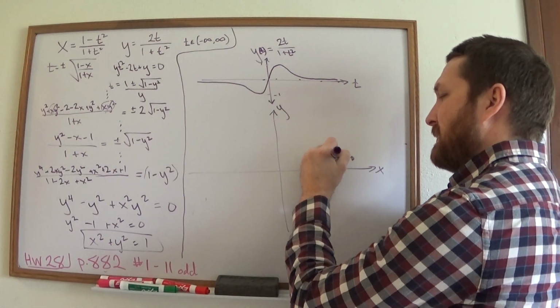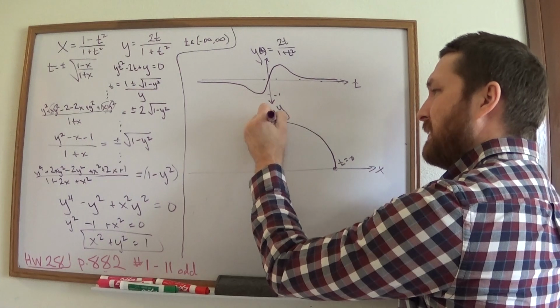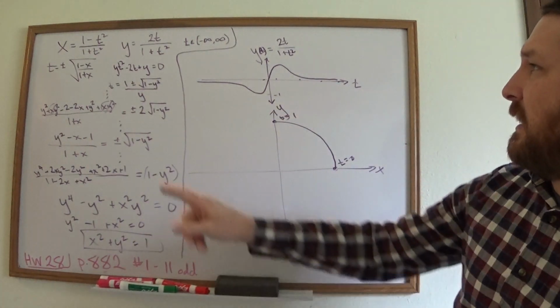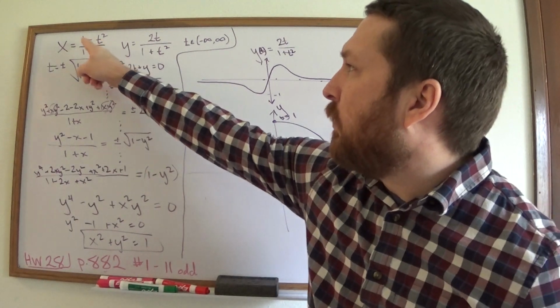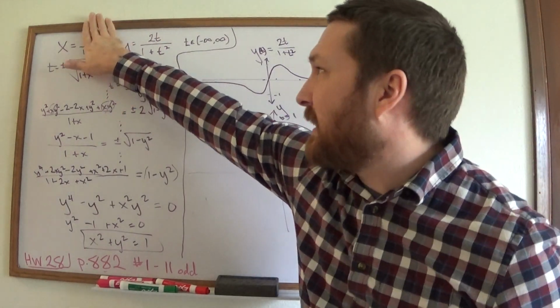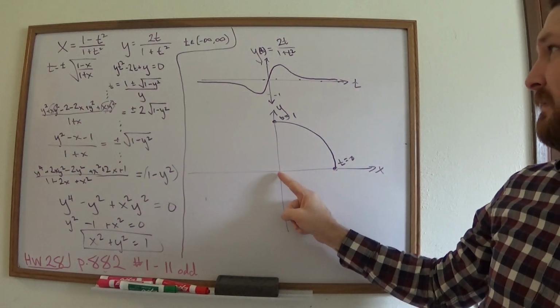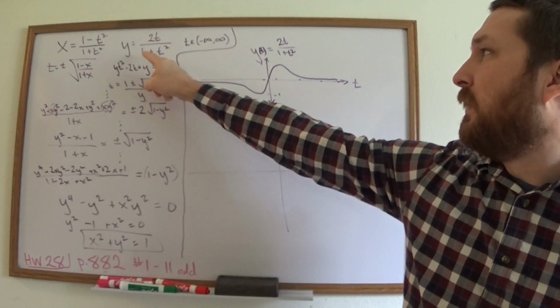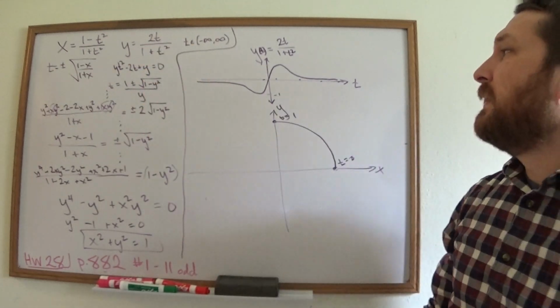And then as t gets bigger, when t equals 1, you're right here. Let's just check that. Plug in a 1, you get 1 minus 1 is 0. Not going to bother with the denominator. So x is equal to 0, so x is right there. Plug in a 1 right here, you get 2 over 1 plus 1, 2 over 2 is 1.